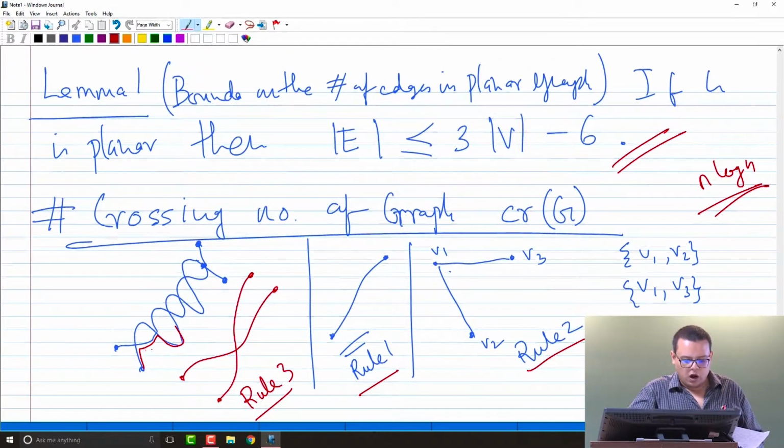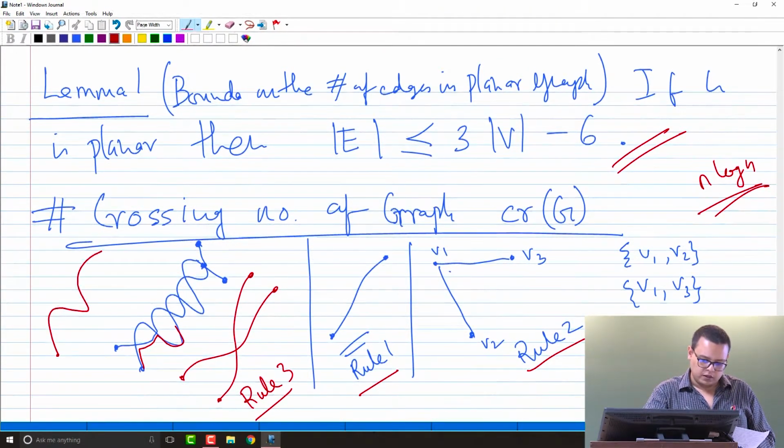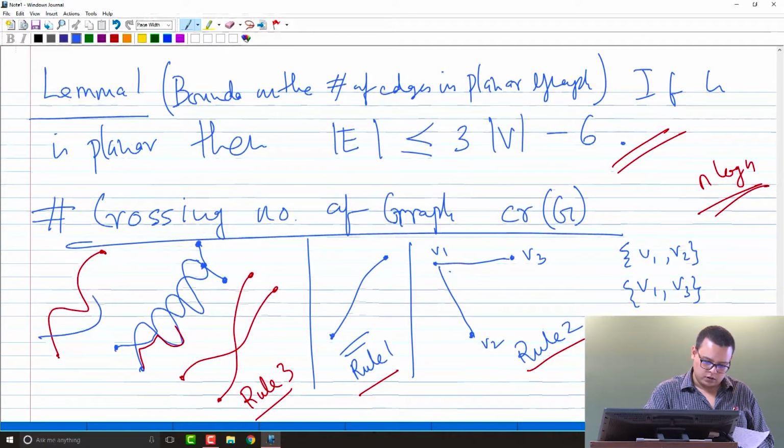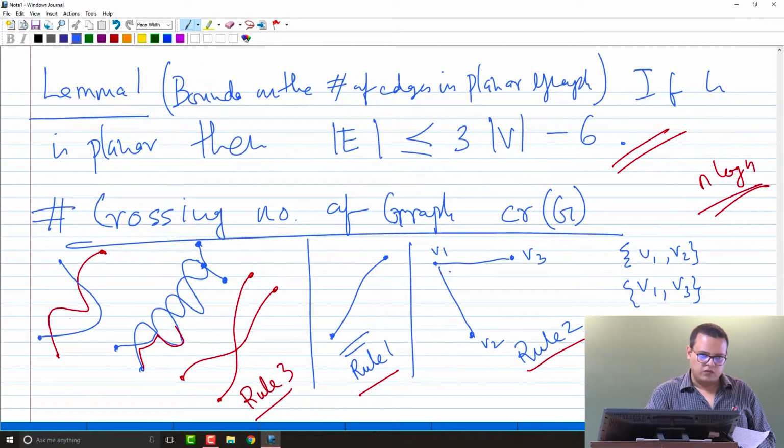So how long can I keep doing this? Let's say you have something like this. This is one edge, the other edge is like this. By the way, if it is even like this, you can always reduce the crossing, right?